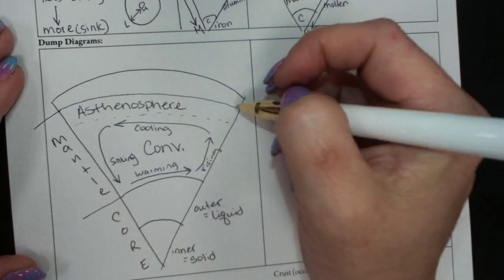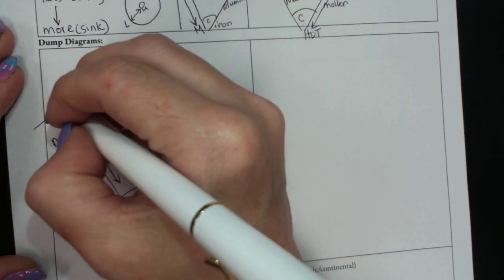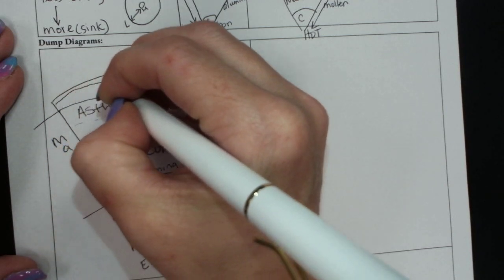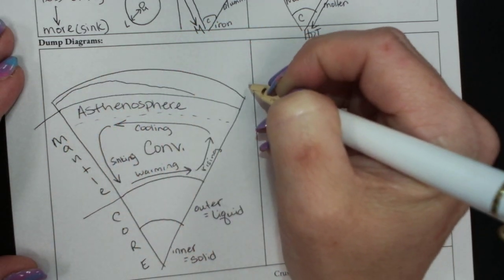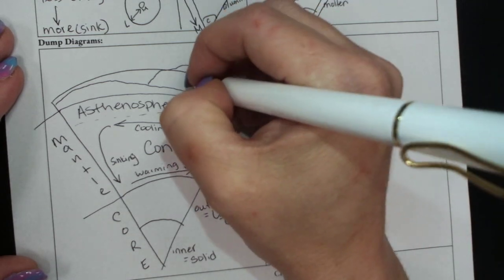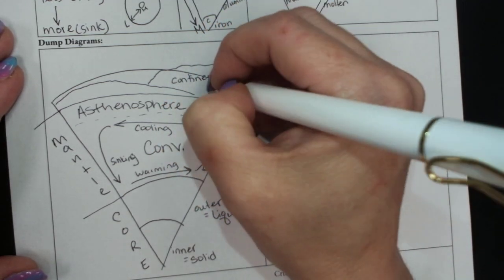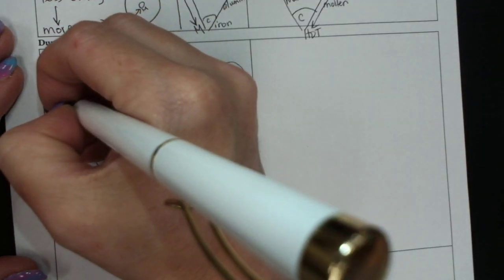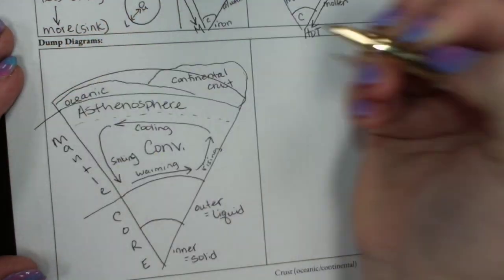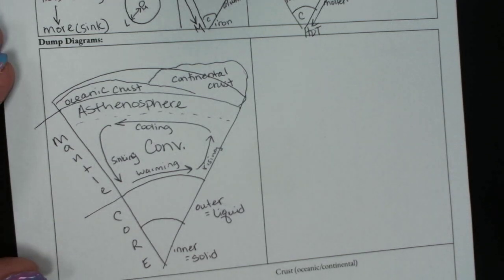And then our crust. Check out what happens with our crust. We have two different types of plates. We have, let's kind of go through here. And then we have this larger plate right here. This is the continental crust. And then over here we have oceanic crust. Okay?